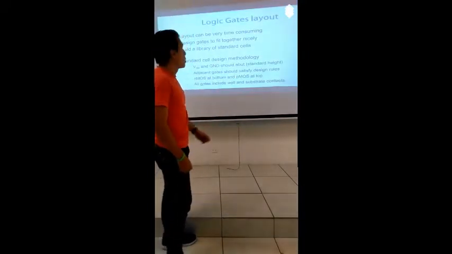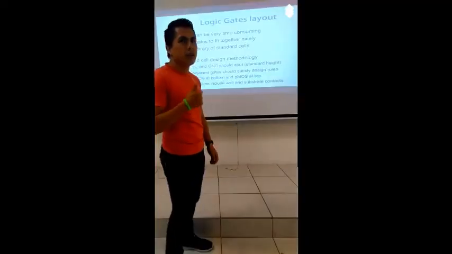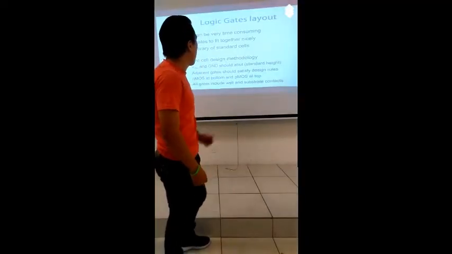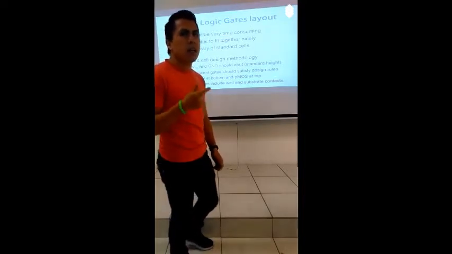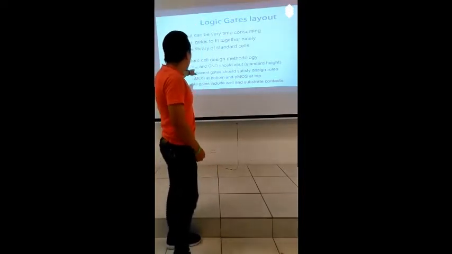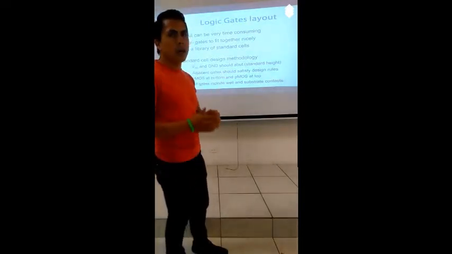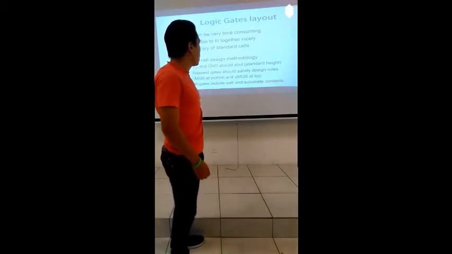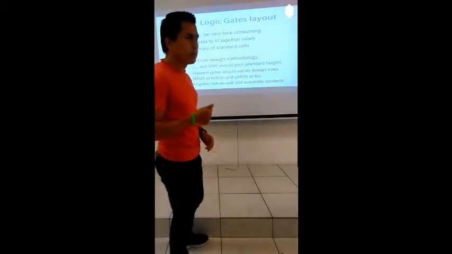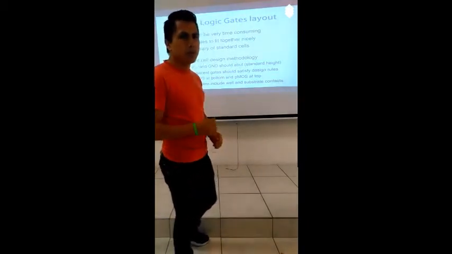Logic gates layout. Layout can be very time consuming. Design gates to fit together nicely with a library of standard cells. In a standard cell design methodology, VDD and ground should be above the standard height. Advanced gates should simplify design rules, NMOS at the bottom and PMOS at the top.